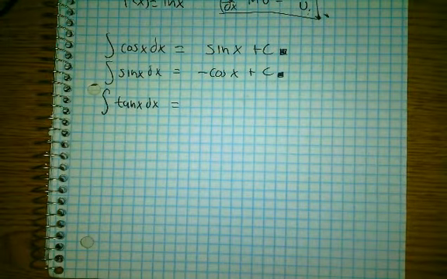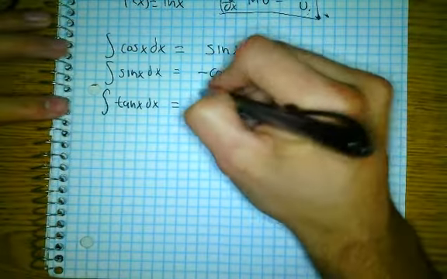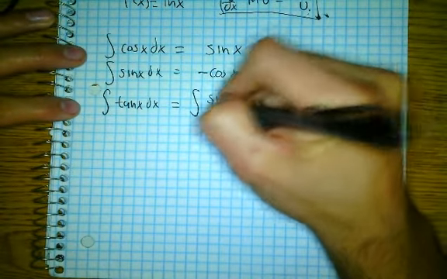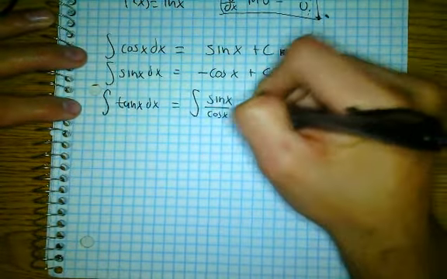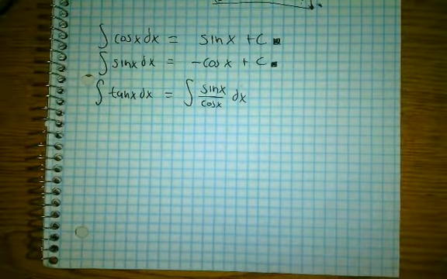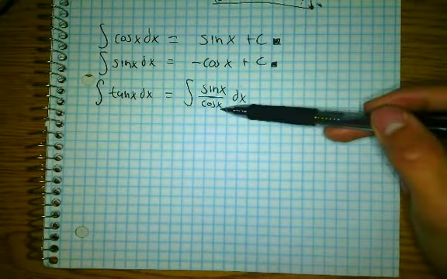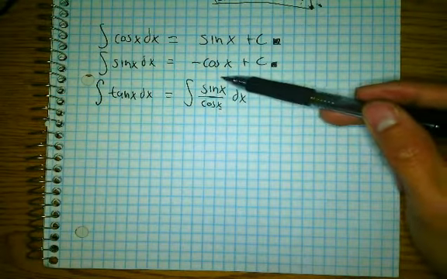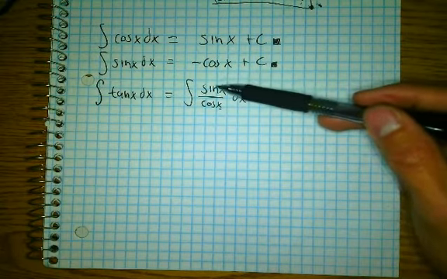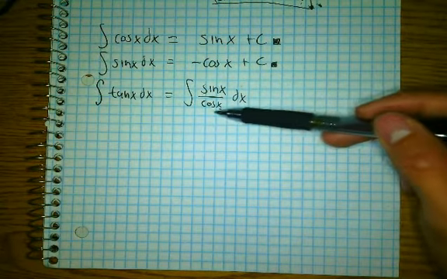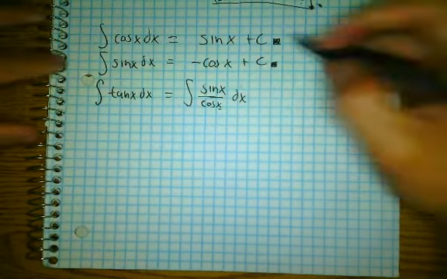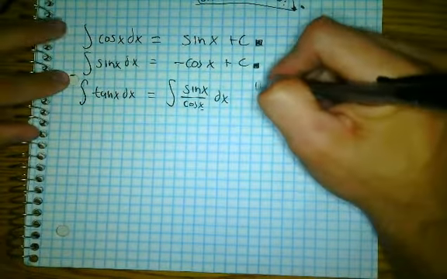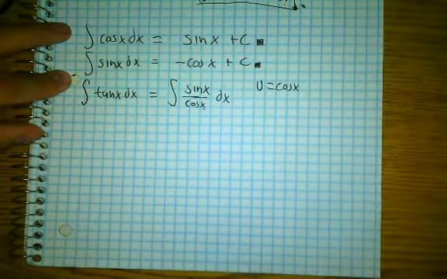Because if you use your knowledge of trigonometry, you can rewrite tangent as what over what? Interesting. Cosine is in the denominator. What's the derivative of cosine? Negative sine, which is up there. So you can let u equal cosine of x.